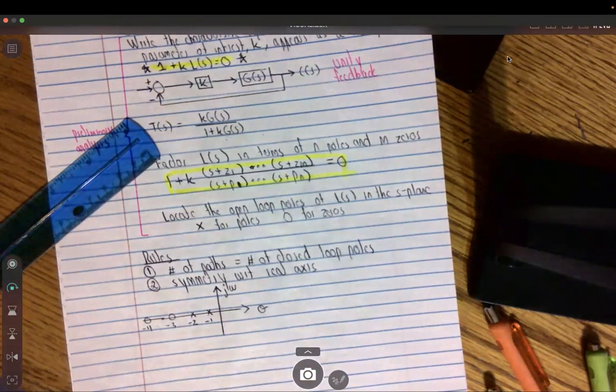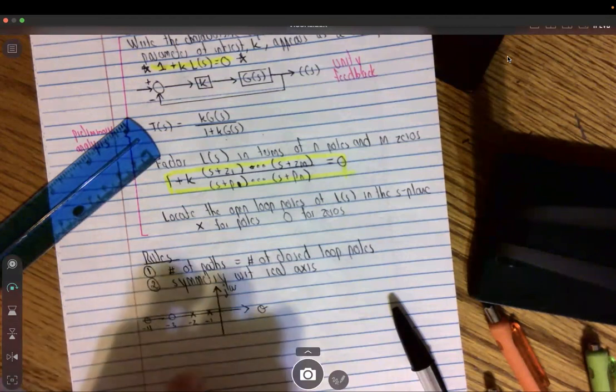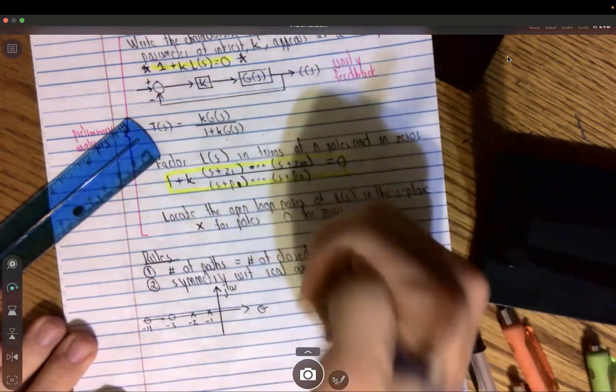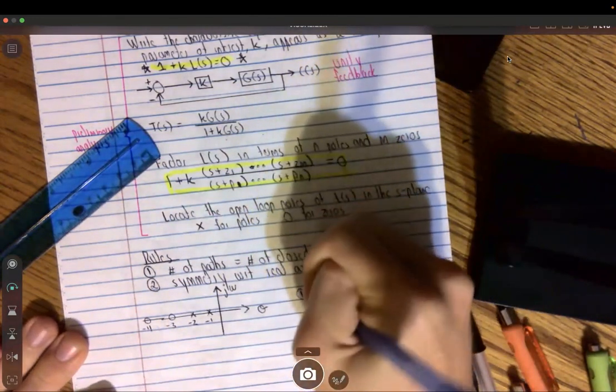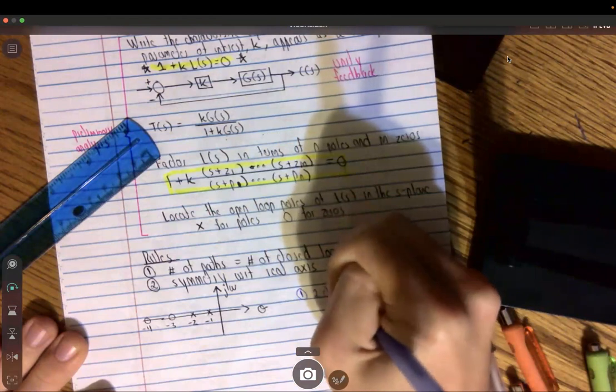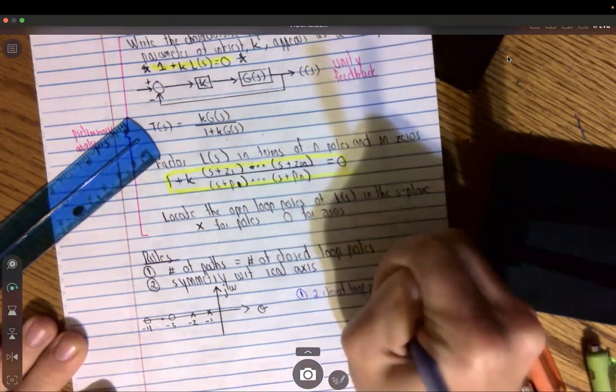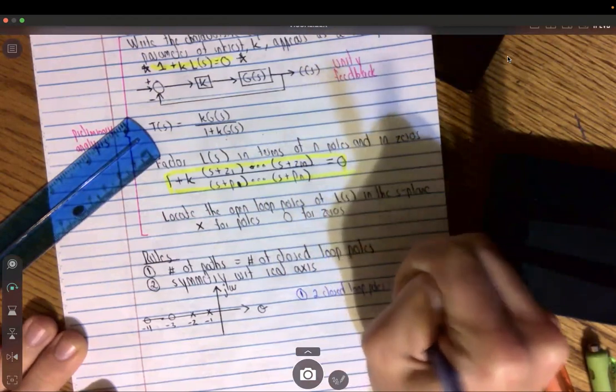And what we're going to see is that there are 2 closed loop poles, correct? So we can have only 2 paths. That's from rule number 1. We have 2 closed loop poles, so we're going to have 2 paths for a root locus to take.